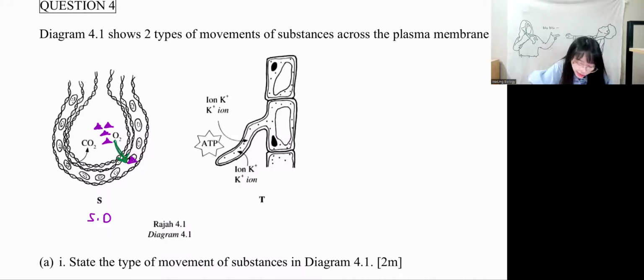Higher to lower concentration gradient means they always move from more oxygen to less oxygen. More to less. If they give you another diagram, for example like that, and the labeling is in this direction, they ask what is this? This is carbon dioxide.